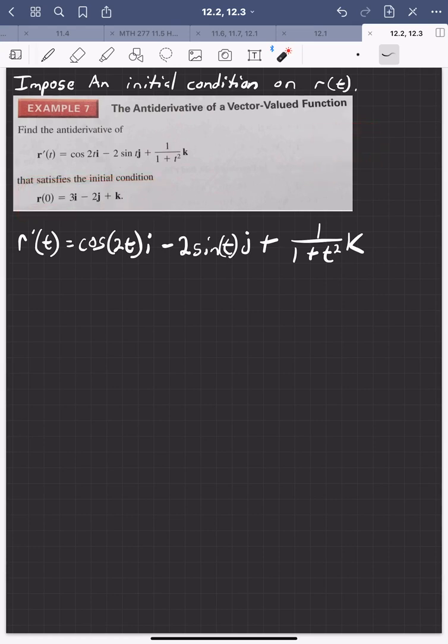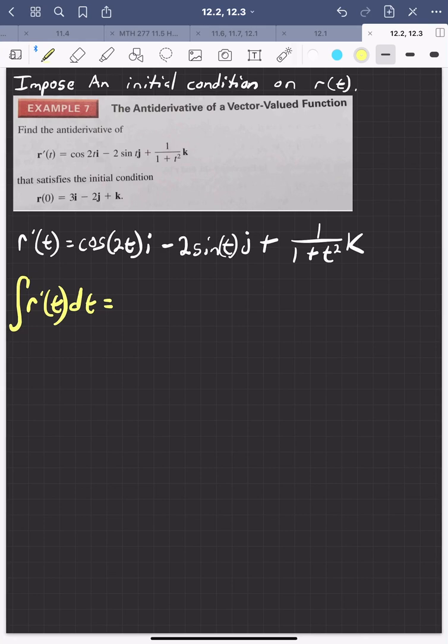So let's jump in. Well, you kind of already know the game that we're going to play. We're just going to integrate. We're going to integrate r prime. That's the way we're going to start. And of course, we're integrating with respect to t.